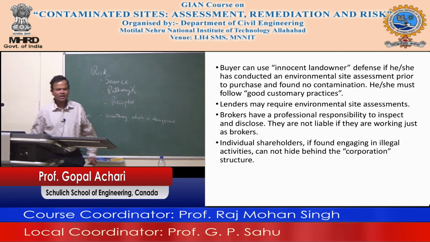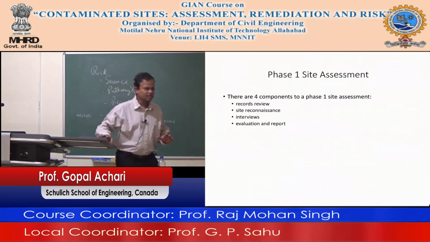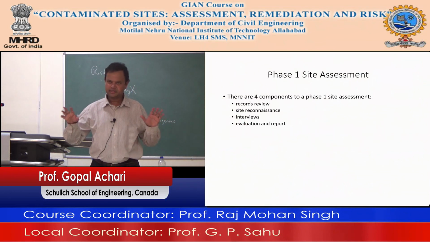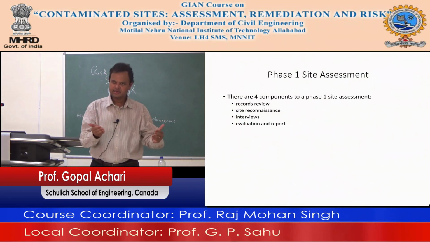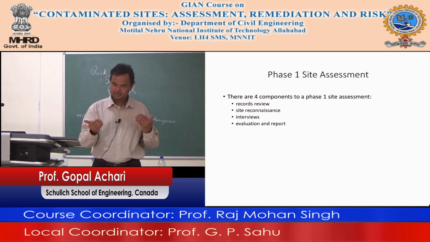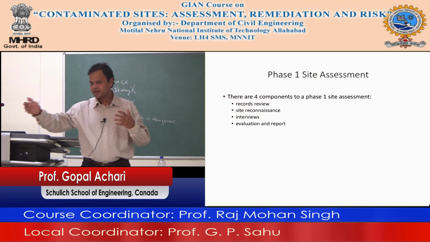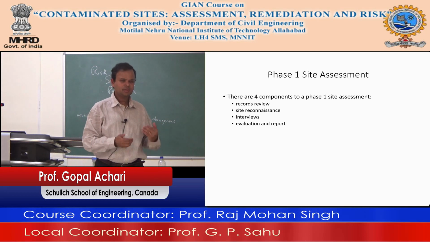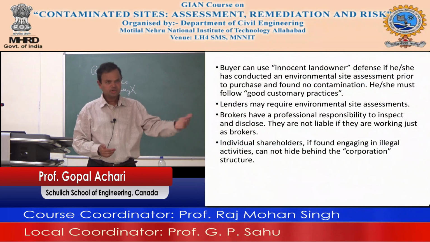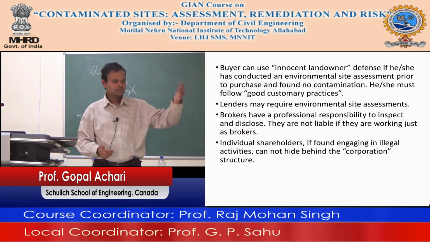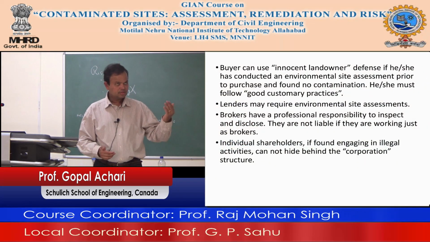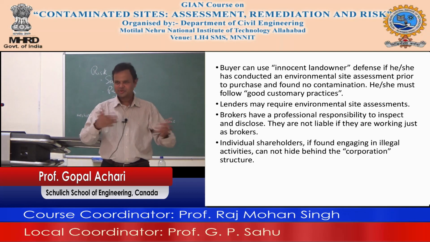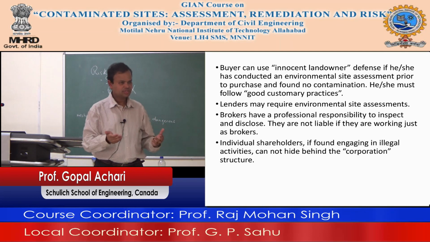So, are we all clear with regards to some of the legal aspects? Here is in a nutshell what the legal aspect is. There is a buyer and a seller in a transaction, and a banker which will provide the mortgage. The buyer has an obligation to tell the seller what the problems are on that site. The seller has an obligation to tell the buyer what the contamination is.